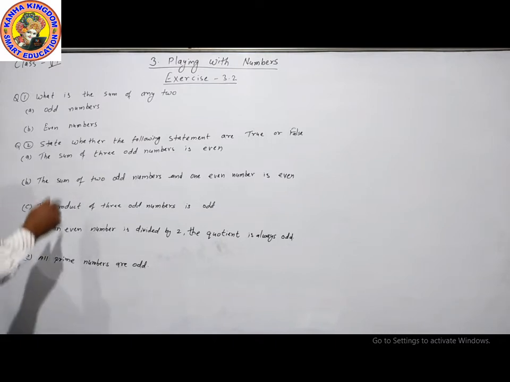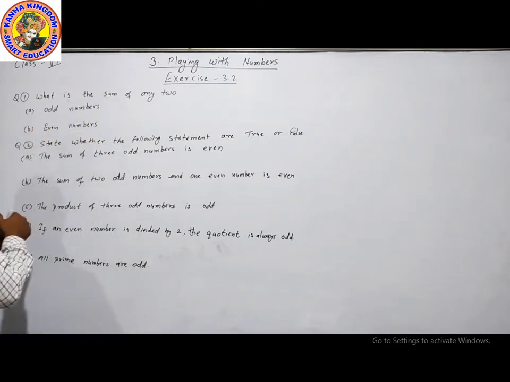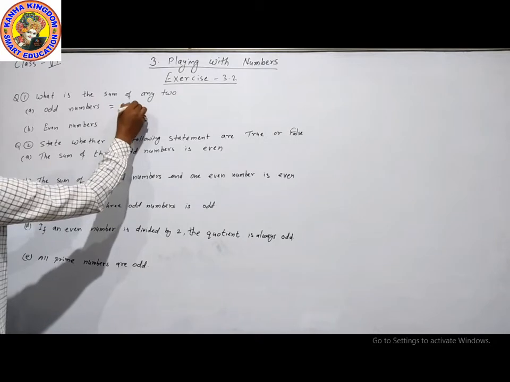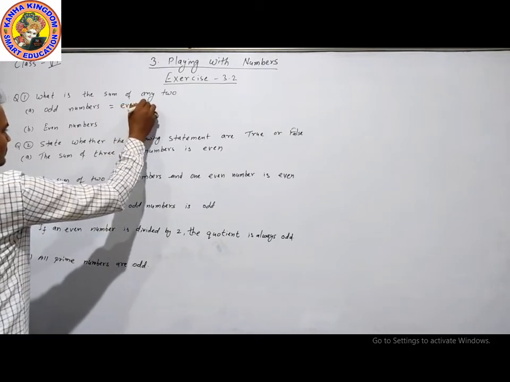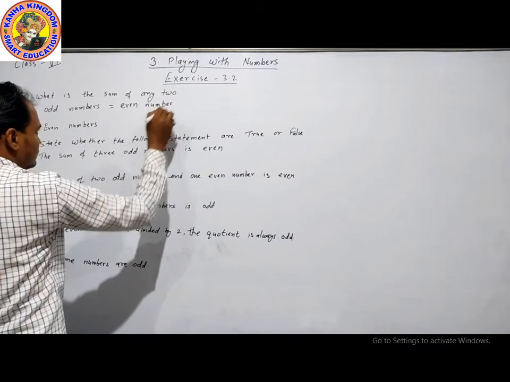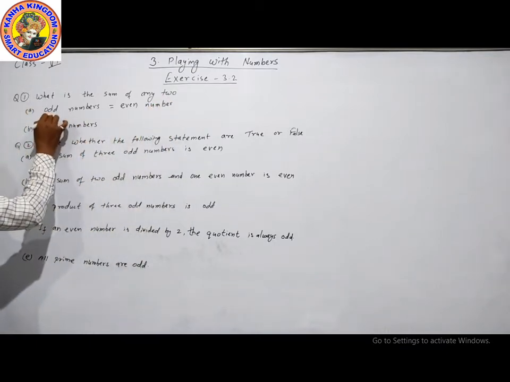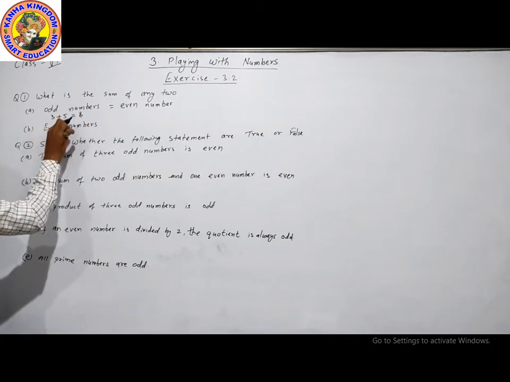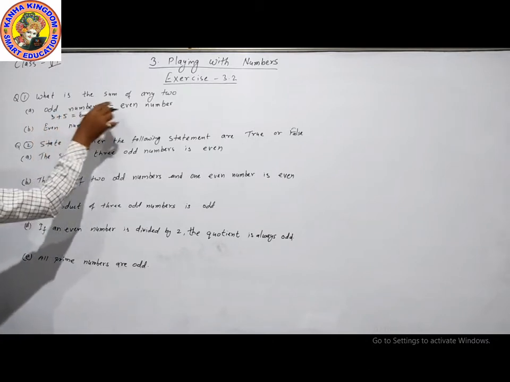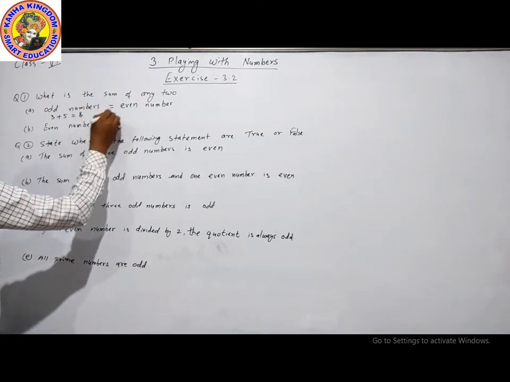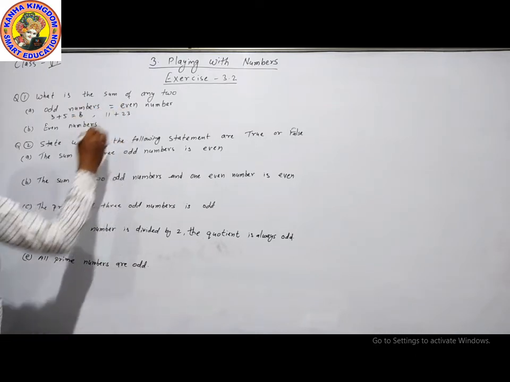If we add two odd numbers, the answer is an even number. 3 plus 5 is equal to 8. 3 is odd, 5 is odd, but 8 is even.